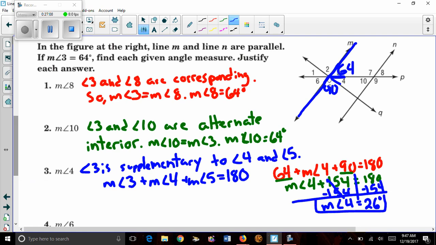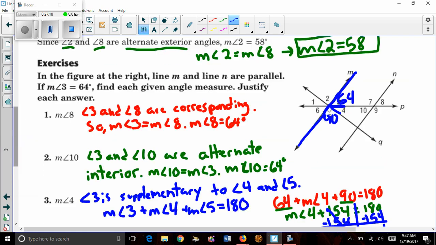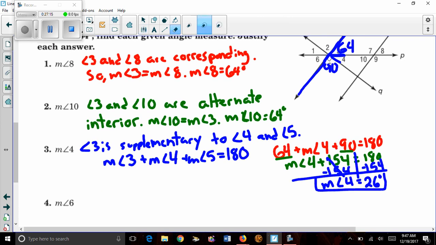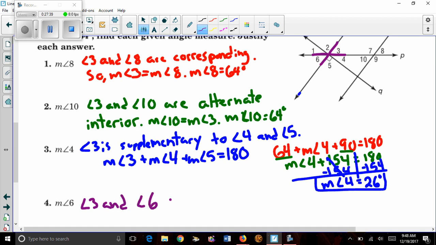Now for angle 6. Angle 6 is going to use one of our other definitions. A new definition we're going to use is what's called a vertical angle. If we look at angle 6 and angle 3, angle 3 and angle 6 are what we call vertical angles.